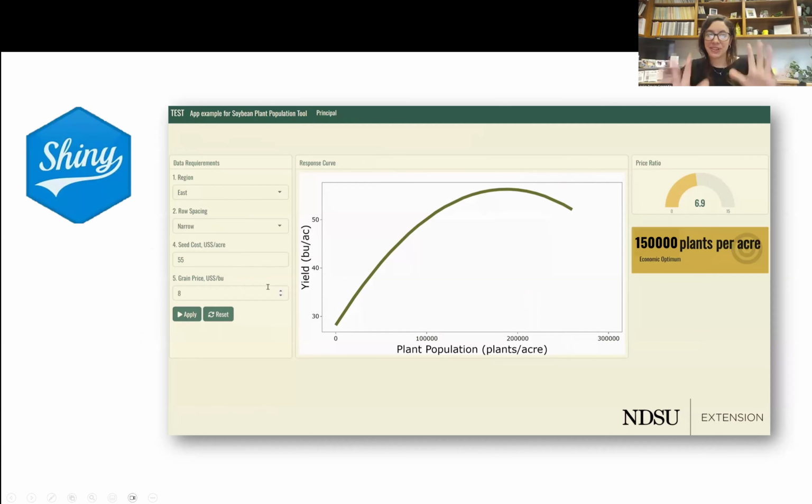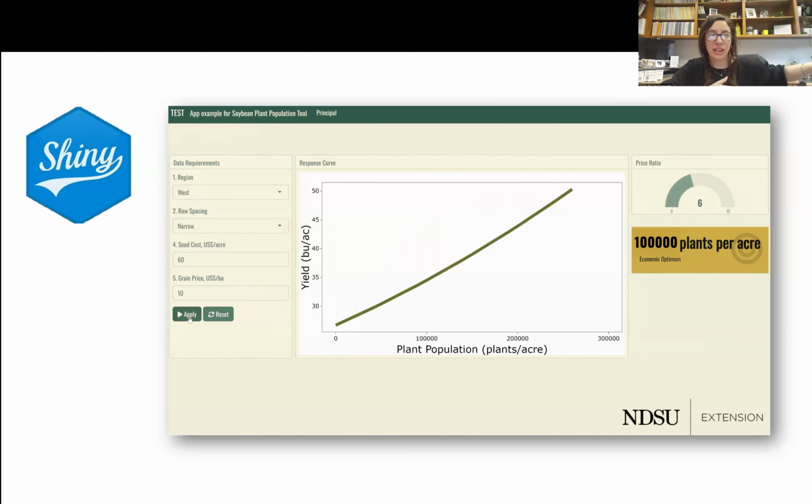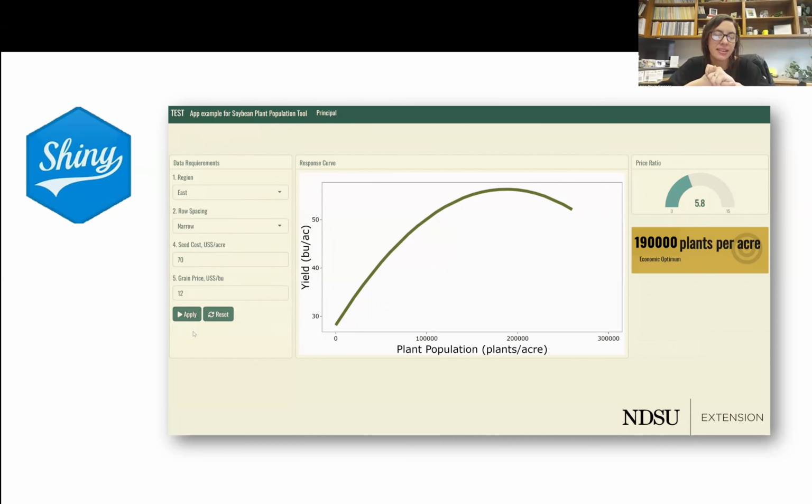I'm working on creating this calculator. I've been working on this since last year. I did not have enough time to finish it yet, unfortunately. But basically, this is using exactly the same information that we showed before. It gives you the alternative of putting in a seed cost and a market price.